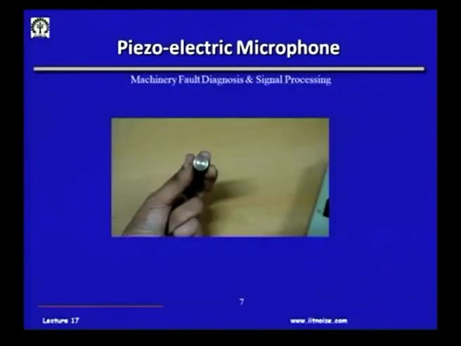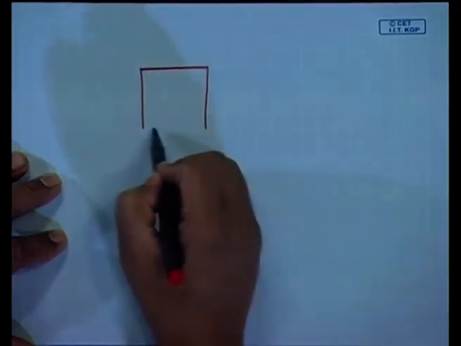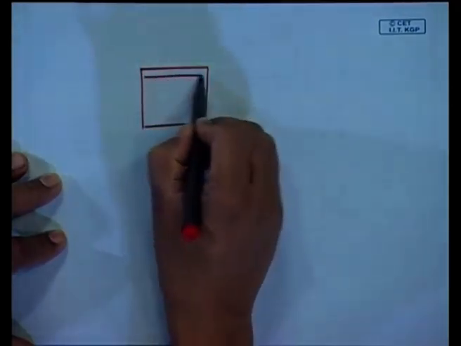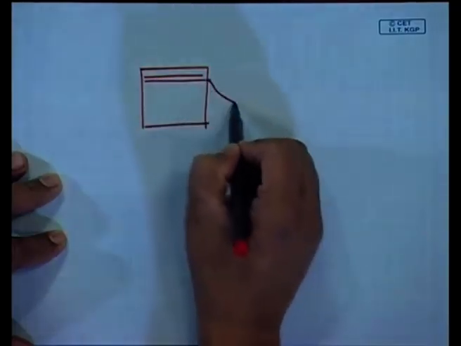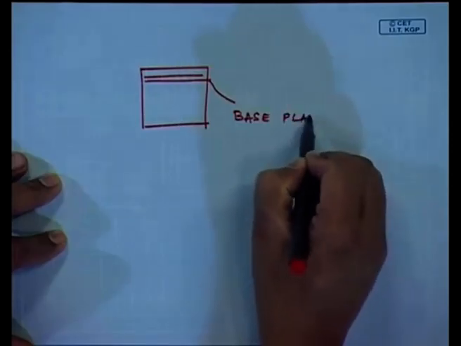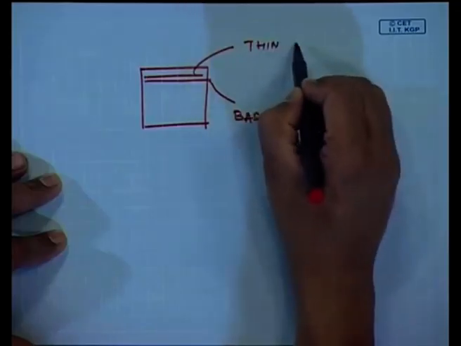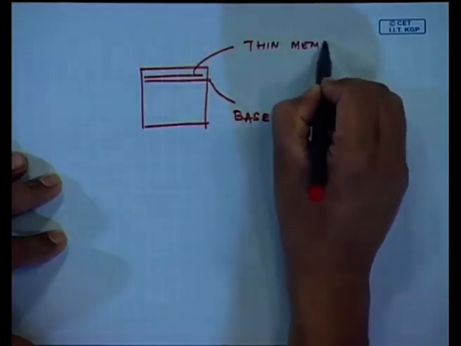Now, let us talk about another important mechanical parameter, this mechanical noise, and this is essentially measured with a microphone. So, microphone, as I was telling you, has two plates. So, one is the base plate and another is a very thin membrane or a diaphragm.